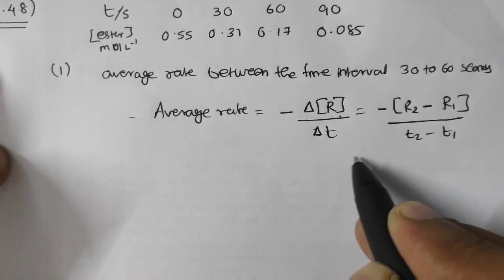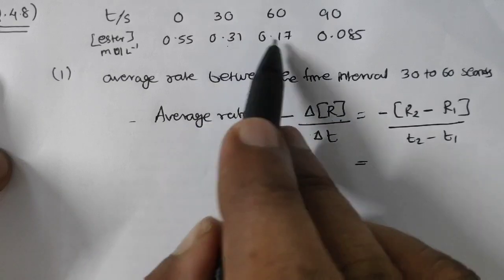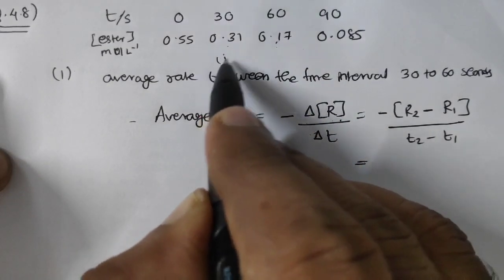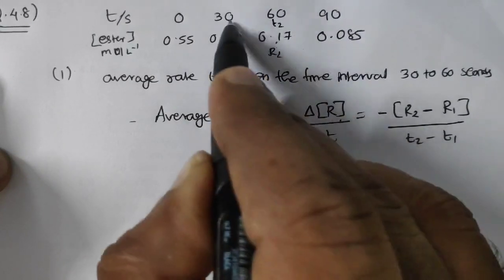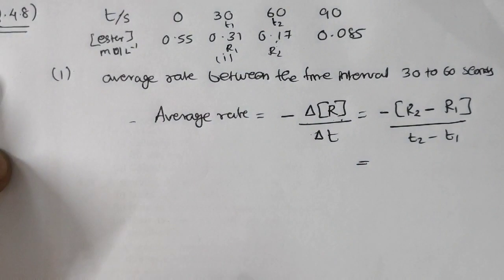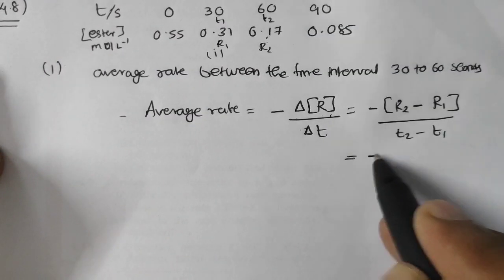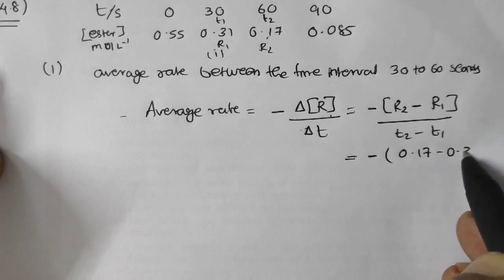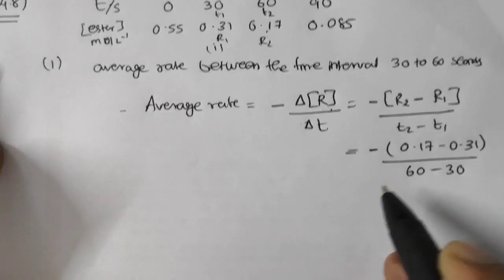When we say R2, it means between 30 and 60, so this will be your R2. For question 1, this is R2 and this is R1, this is T2 and this is T1. So R2 is minus of 0.17 minus 0.31 divided by 60 minus 30, right?